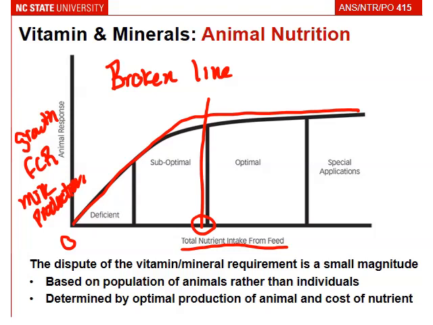So although this higher level out here may be better for some animals based off of their physiological state, it's just not worth the cost to have all of them fed at that high level. And then we have some animals at that point maybe hitting more of their upper limit, and we also have to consider, for instance, various environmental issues, so we don't want to cause added pollution, etc.